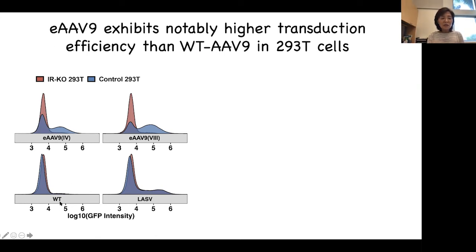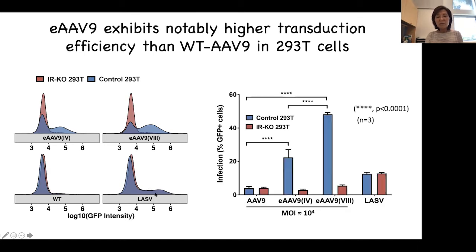And as you see here, wild type AAV9 barely infected either cell. And with the loop 4 S519, infectivity transduction increased; loop 8 S519 transduction increased. Lassa was a control, and Lassa doesn't care about insulin receptor, so that infected both the cells equally.